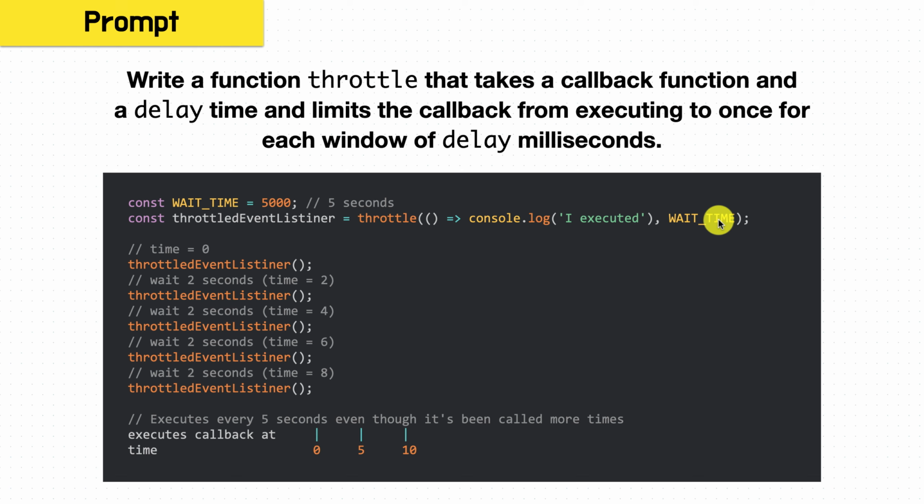Throttle returns a function, so we'll execute this throttled event listener. Below, we start at time 0, and then we call it 5 times. Even though we call it 5 times, we want to create these evenly spaced windows where it's executed at 0, 5, and 10. If you have multiple events that come within the same window, you only use the most recent event.